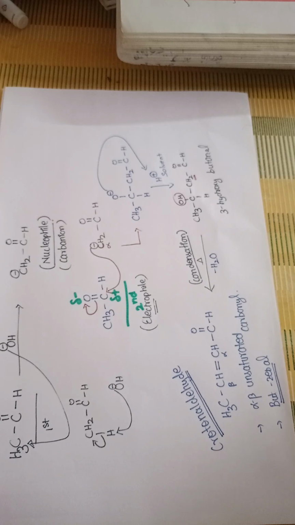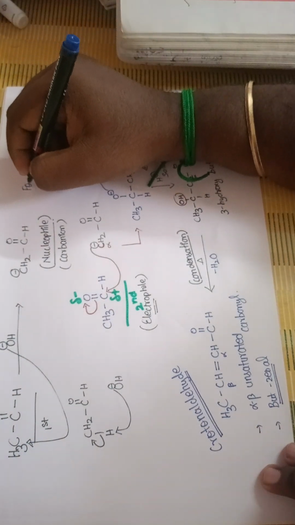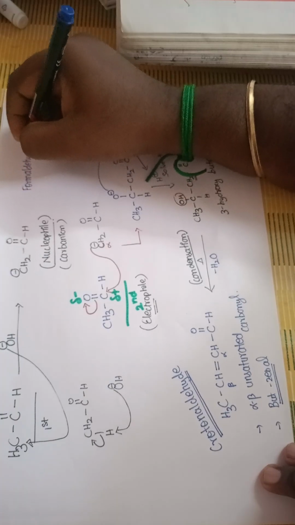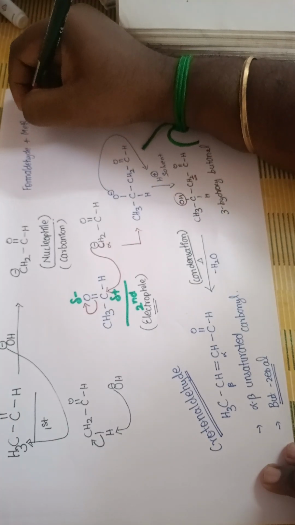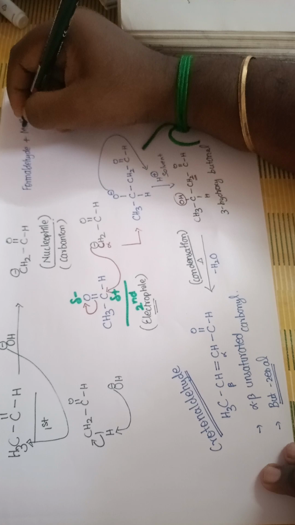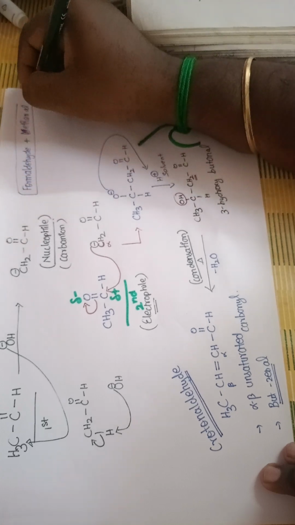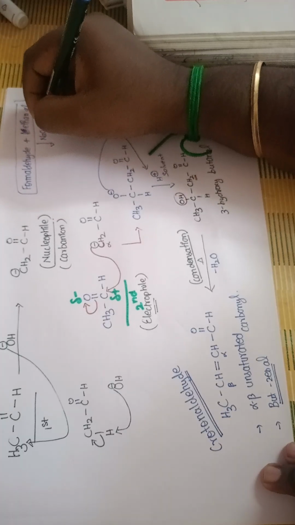So you try to solve for formaldehyde and ethanol. What will happen when you react formaldehyde and ethanol in presence of sodium hydroxide?